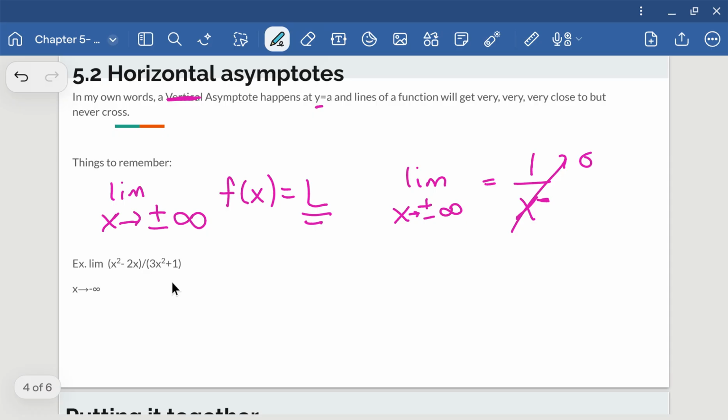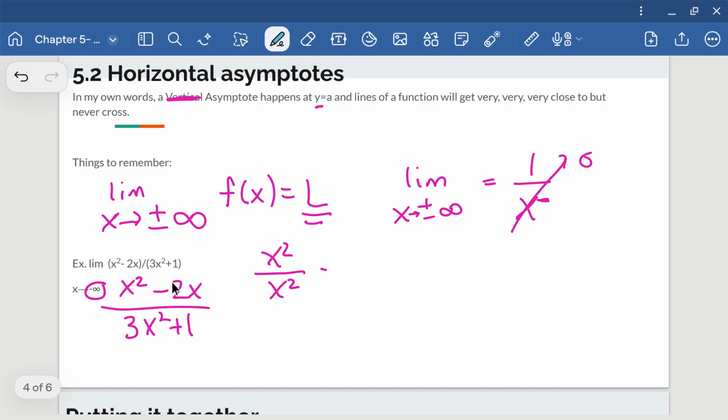So when I'm looking at my equation here, and I have, just rewriting this, x squared minus 2x divided by 3x squared plus 1, before I plug in this limit, I want to divide every term by my largest x exponent, which is going to be 2. So I'm going to take my x squared and divide it by x squared.